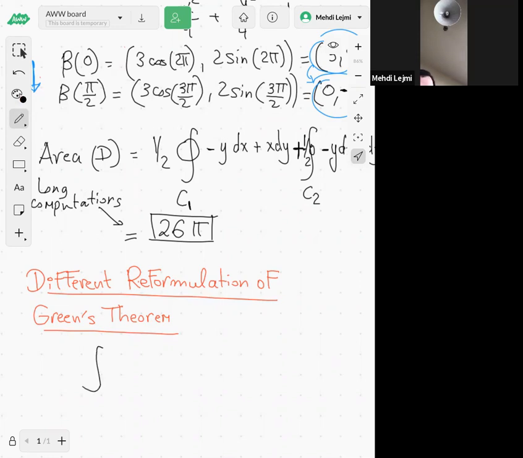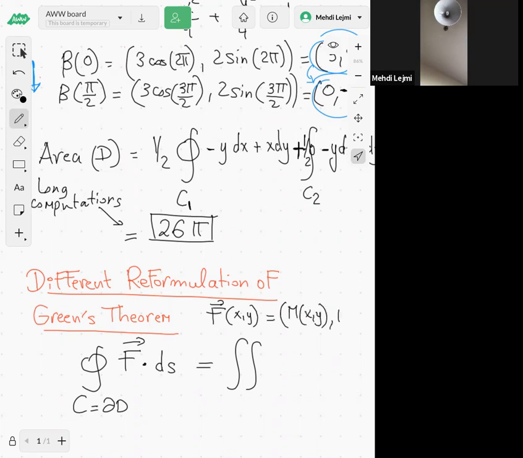We have this vector line integral over the boundary of your region D of your vector field F. We said this is equal to, F, of course, is given by these two functions M and N. Here the vector field is defined in R2, the plane.